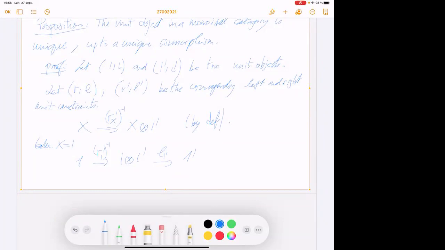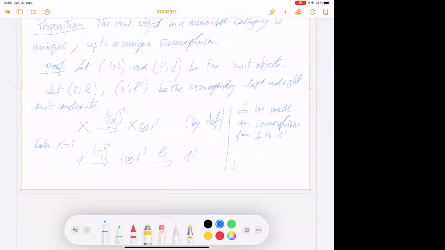We get an isomorphism from 1 to 1 prime. So we made an isomorphism from 1 to 1 prime.